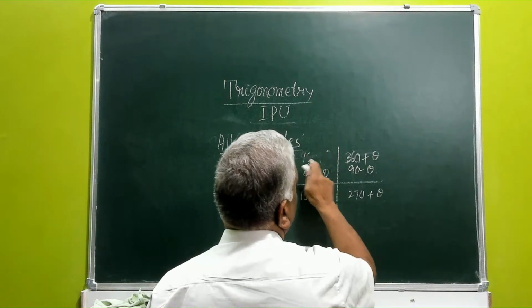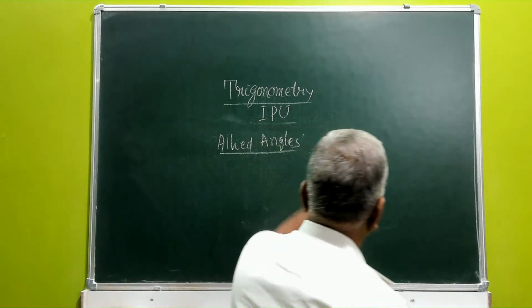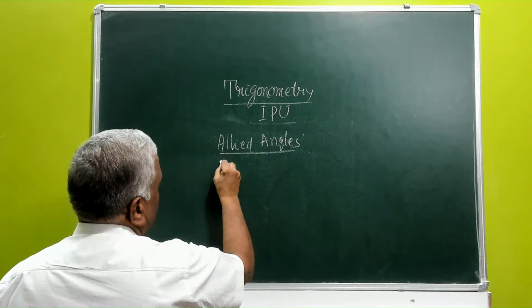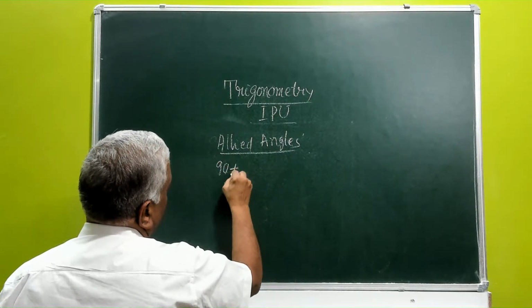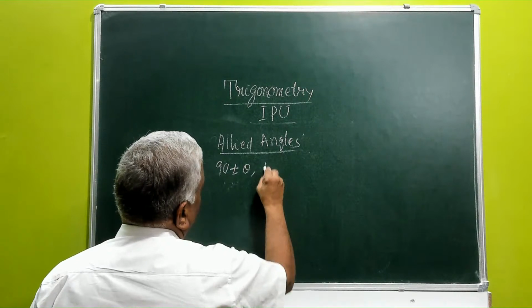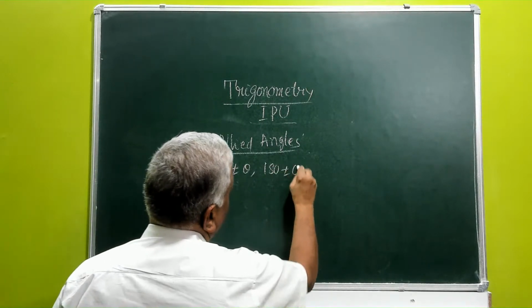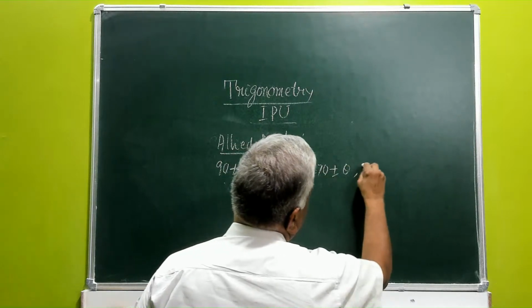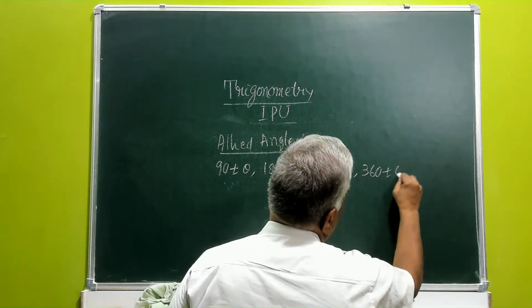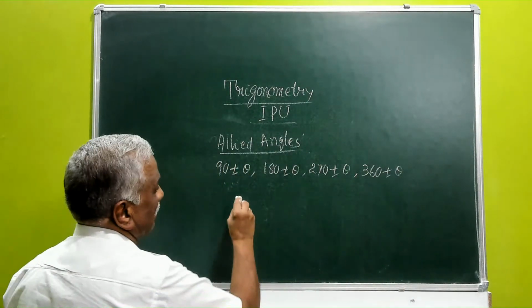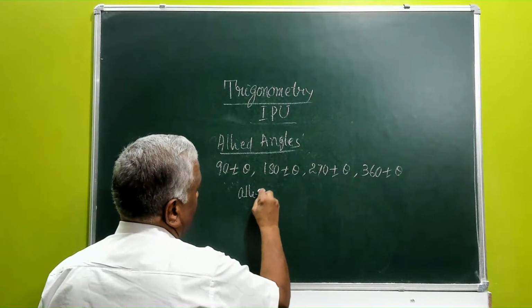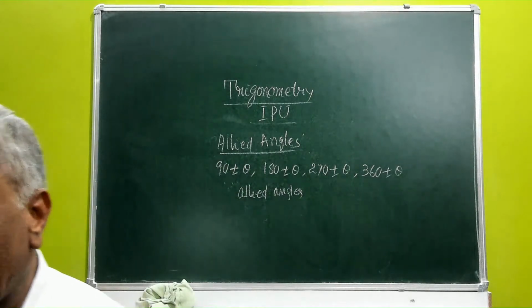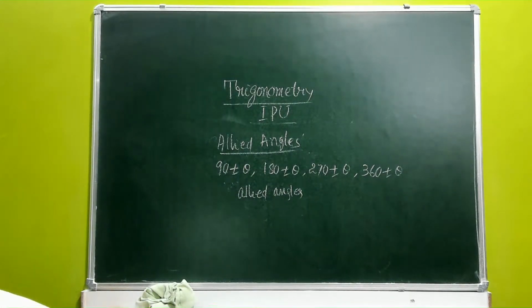So this will be 90 plus or minus theta, 180 plus or minus theta, 270 plus or minus theta, 360 plus or minus theta. These angles are called allied angles. Just list them in the proper way.